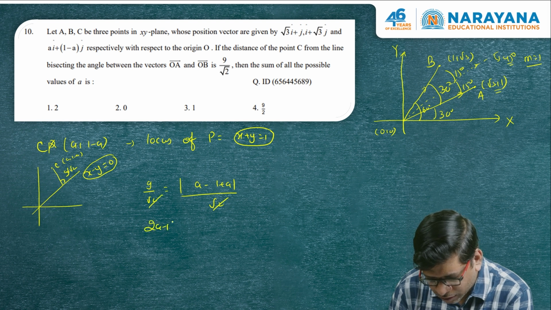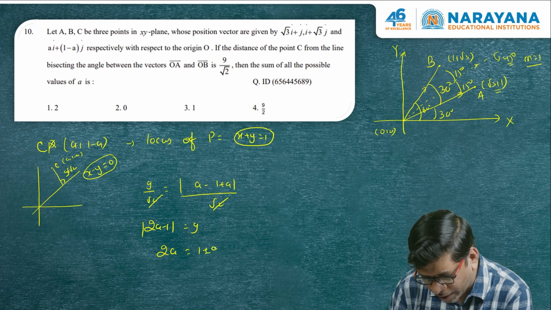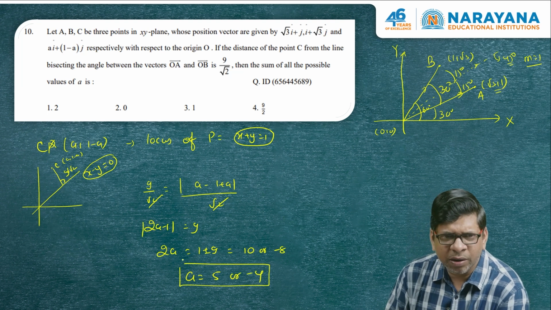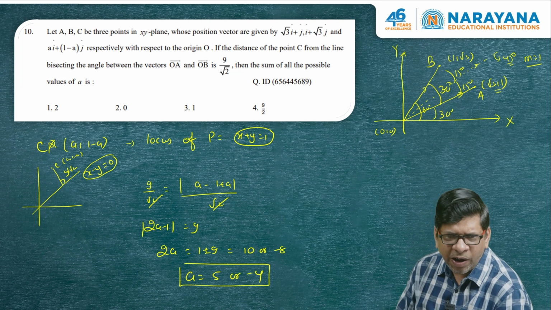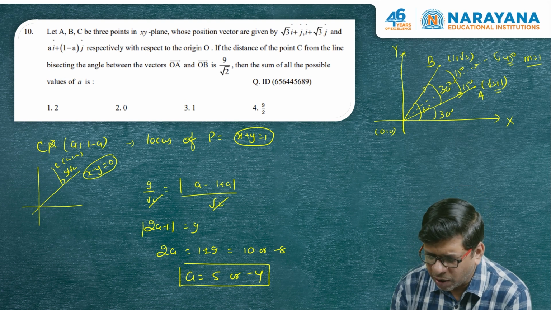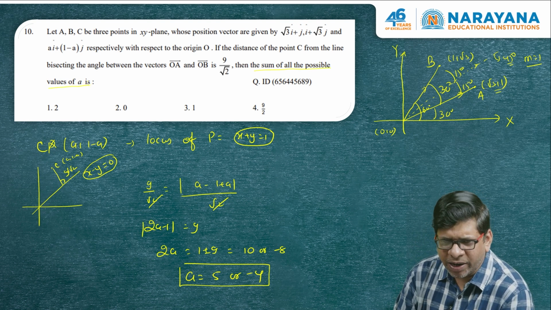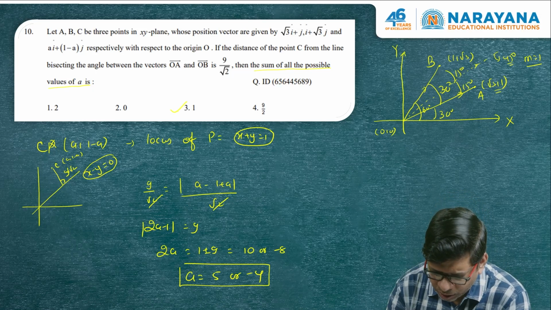So mod of (2a minus 1) equals 9. 2a equals 1 plus minus 9, which can be 10 or minus 8. a can be 5 or minus 4. So there are two possible values of a here, 5 or minus 4, and they are asking the sum of all possible values of a. So 5 and minus 4, the sum is 1. So this is the correct answer.